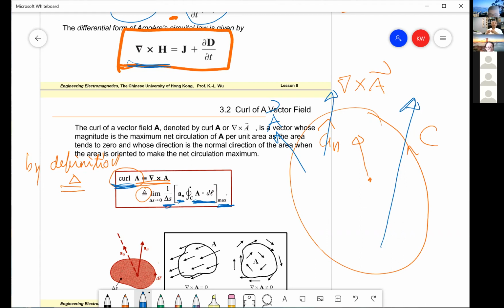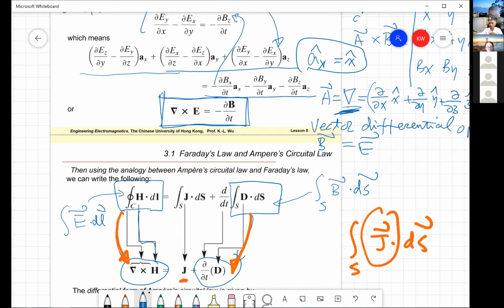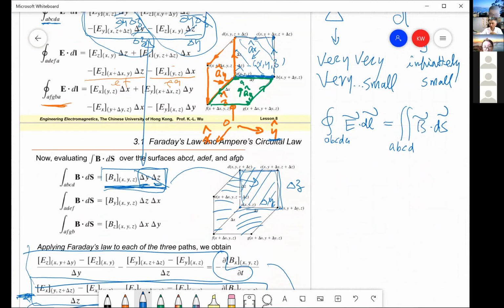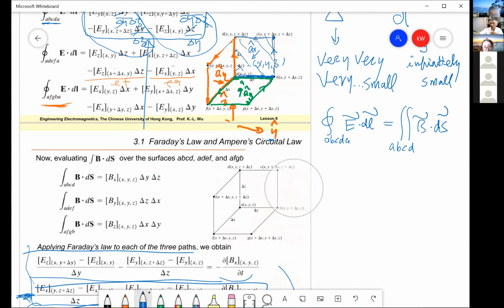So when we consider the normal component of B, we use the surface perpendicular to B, and we know this surface will give us the maximum circulation.